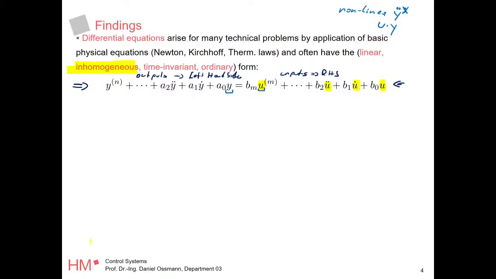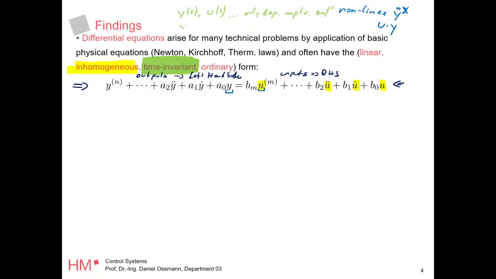Okay, time invariant. Let's probably take a different color. Why are our systems time invariant? Well, they are time invariant because our system variables only depend on t, but not explicitly. They only depend implicitly on t. So what would be time variant? This is the opposite, right?